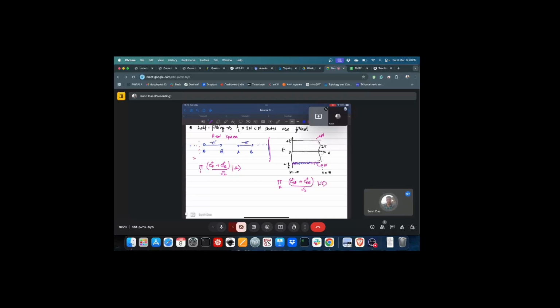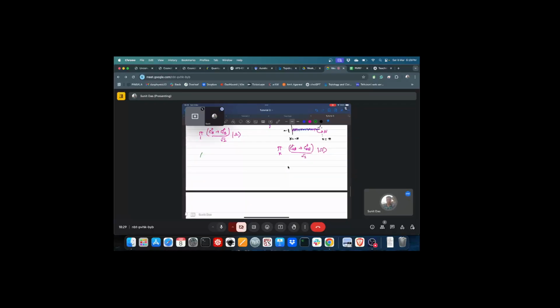This is one unit cell, and the electrons are frozen in that unit cell. Electrons are not allowed to hop from one unit cell to another. So this is what we call an atomic insulator in real space.